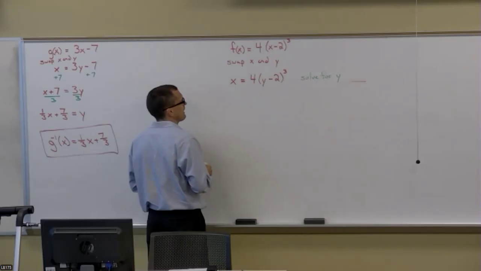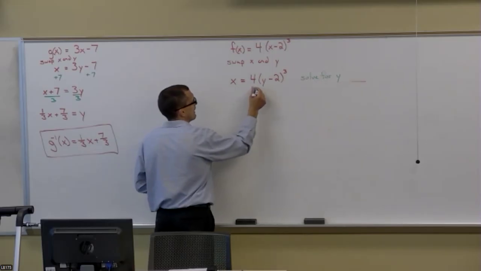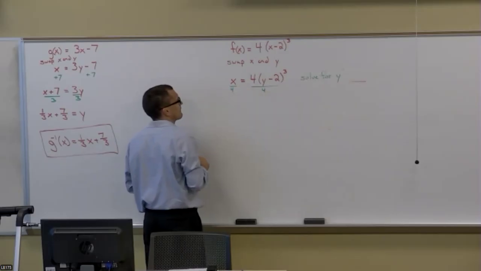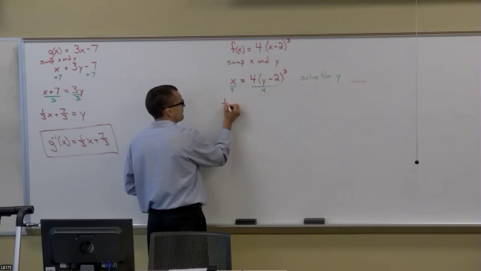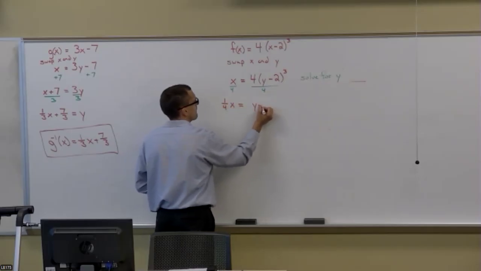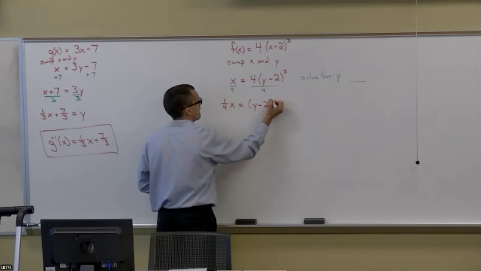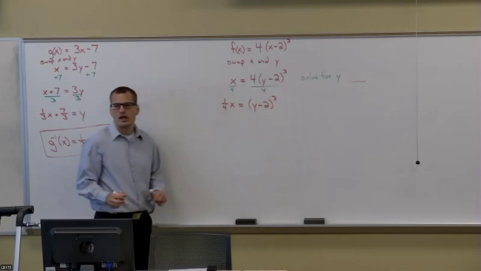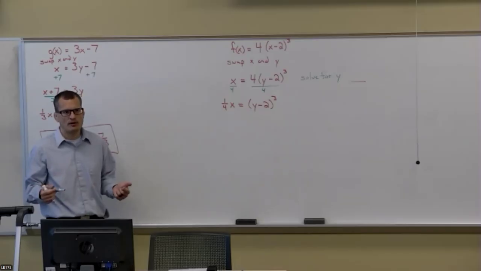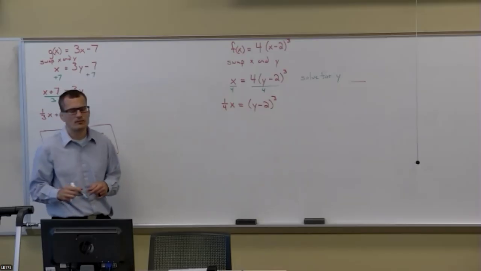So the first thing I would do is divide both sides by 4. I can leave that as x over 4, or I can write it as 1/4 times x, doesn't really matter. In order to undo a third power, I would take a third root.